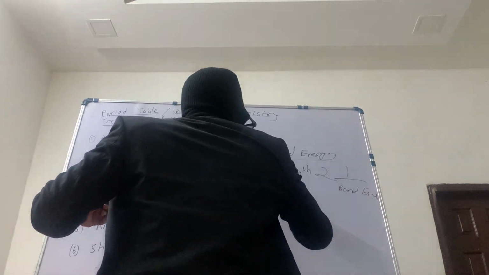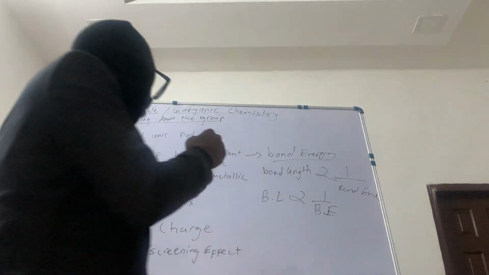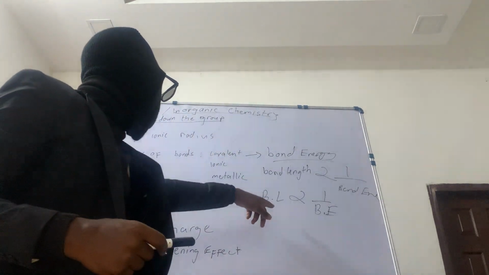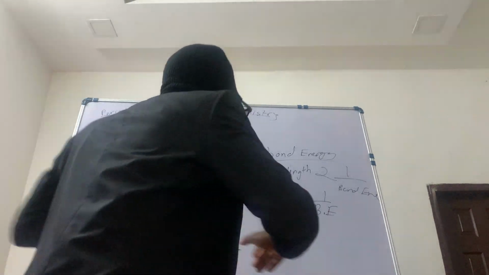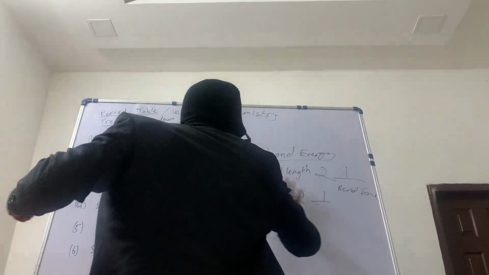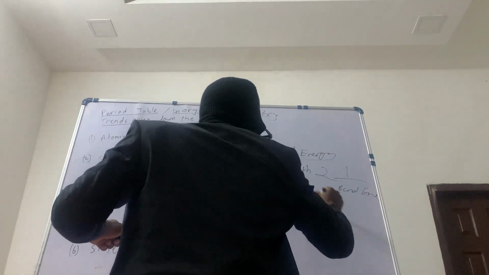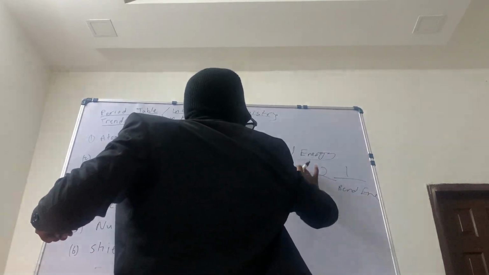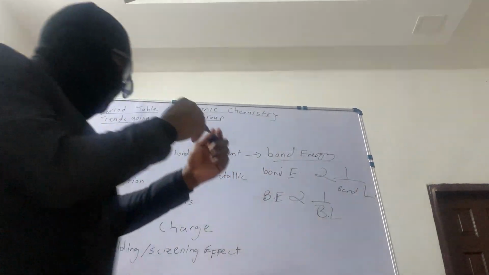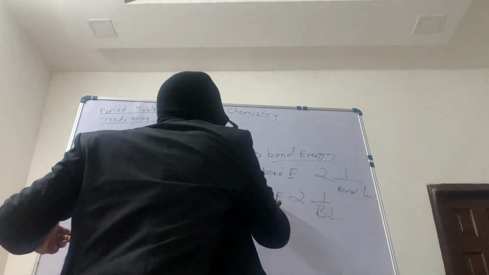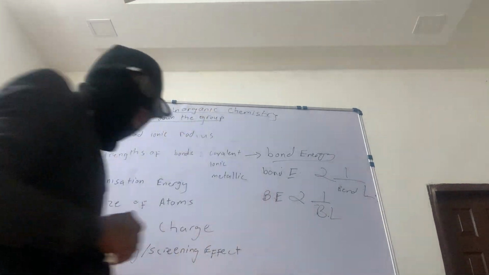So we can just write it as bond energy to bond length. As the bond length increases, the bond energy is going to decrease.